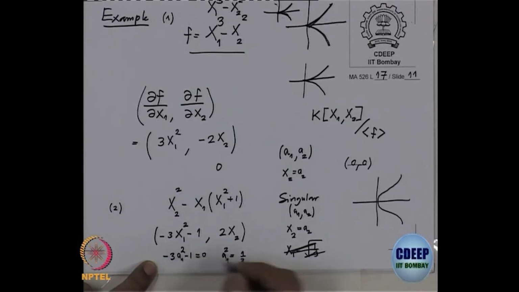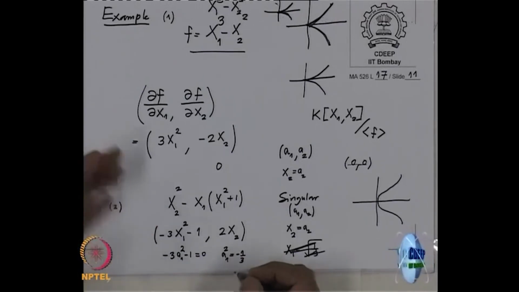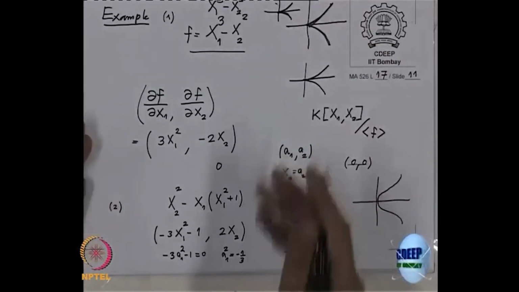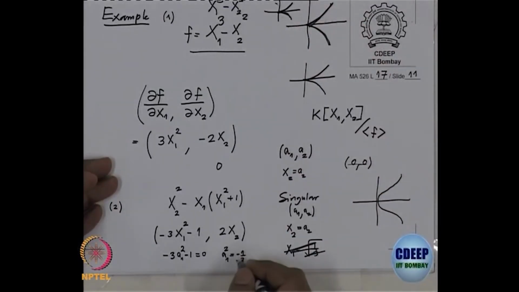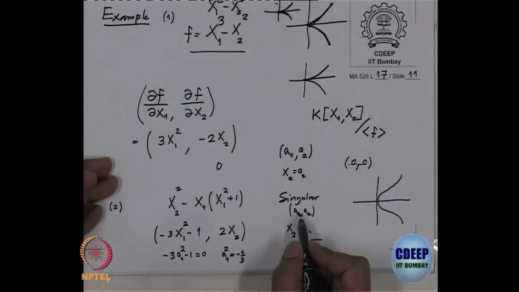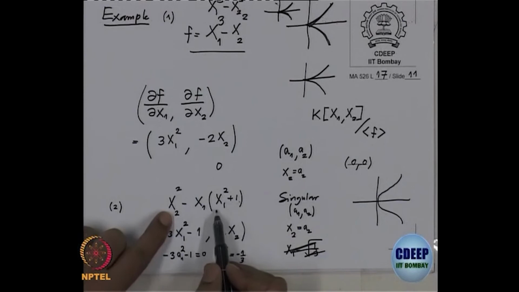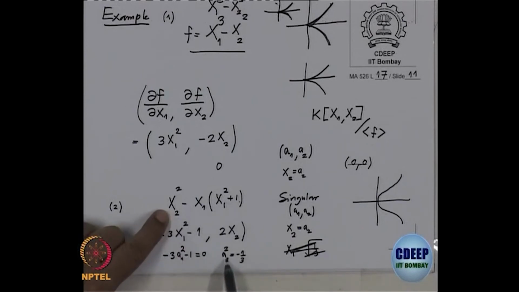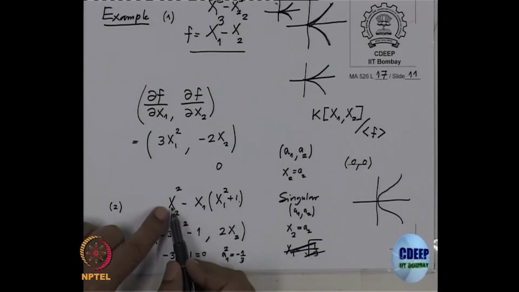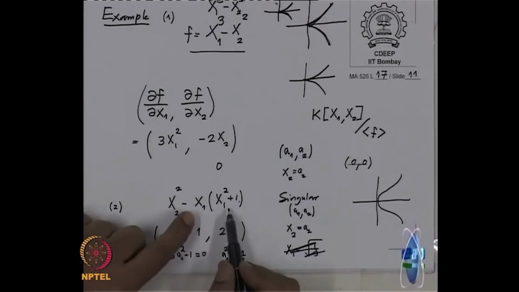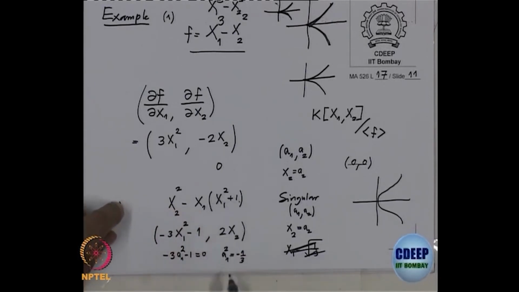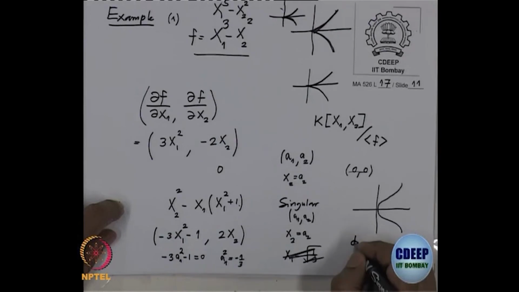It depends on the field. Even if you had worked with complex numbers, this point will not pass through this curve, because when you put a1 here and a2 here, this is not 0. So nobody is singular, therefore the singular locus is empty.